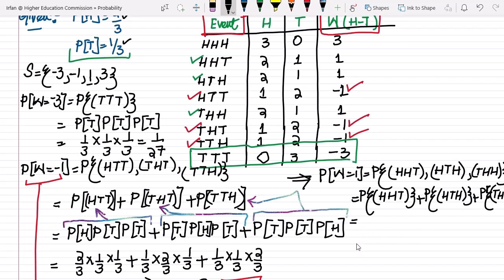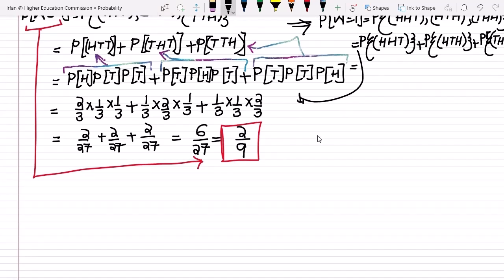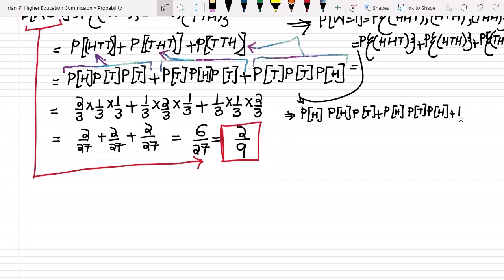Now separating them out, it would be the probability of heads multiplied by the probability of tail multiplied by the probability of heads, and so on for each event. So these three are for the first one, these three for the second, and these for the last one.